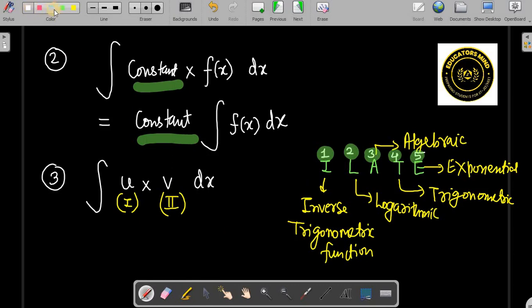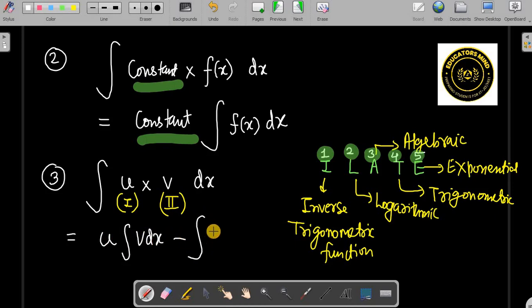Okay, so first of all you have to label first and second. After that, what is the formula? The formula will be, you have to leave the first function and you have to integrate the second.